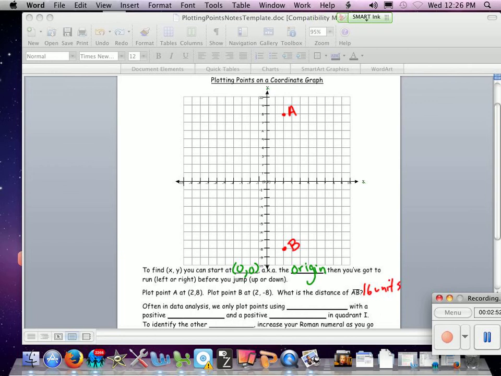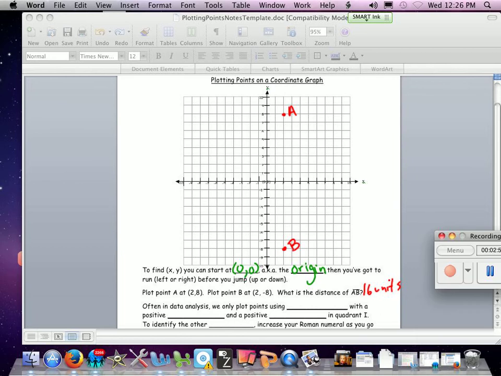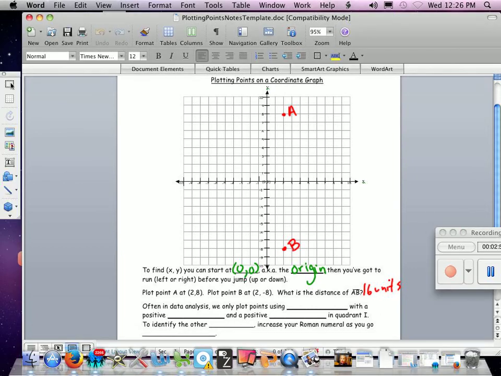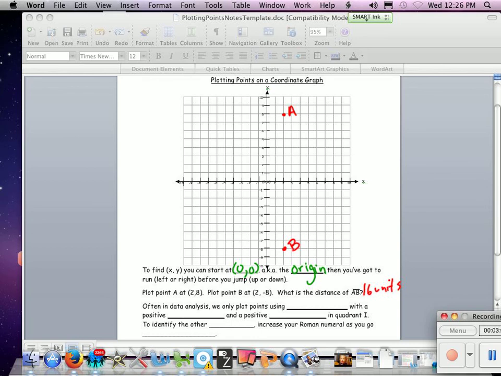Another thing that we talked about and noticed was that it makes these different sections when you have your vertical and your horizontal number lines. And often in data analysis, we only plot points using ordered pairs.